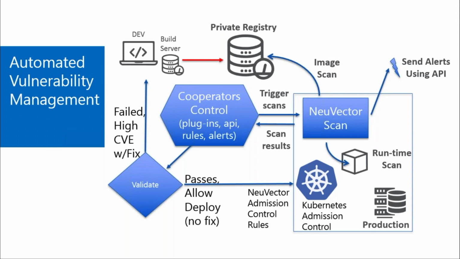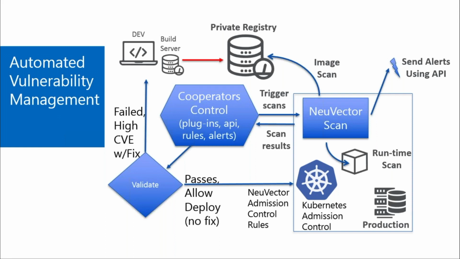You build your image from wherever you want, whatever your base image is, there is no restriction. But once you build your image, it has to be pushed to a private registry which is set up in NeuVector. For example, at this stage, we have an IBM private registry and an Azure private registry set up in our NeuVector. So any developer who wants to develop an image has to push it to a private registry.